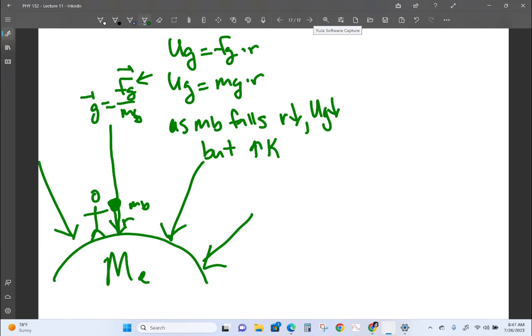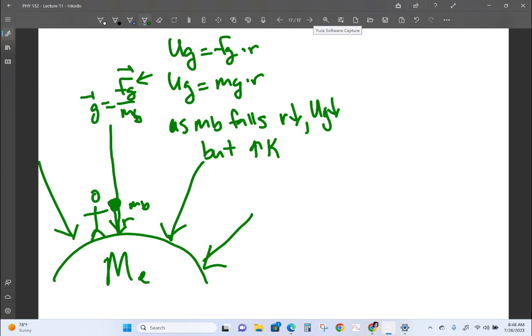So it gets faster. The rule of thumb is that when a mass moves in the direction of the gravitational field line, it decreases its potential energy, and it increases kinetic energy.